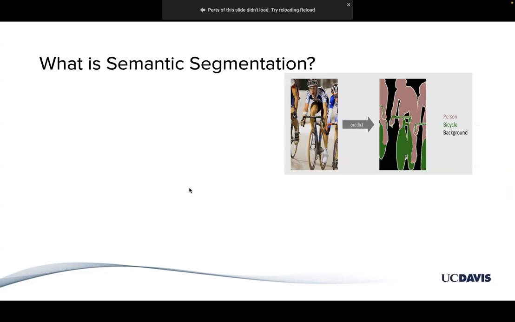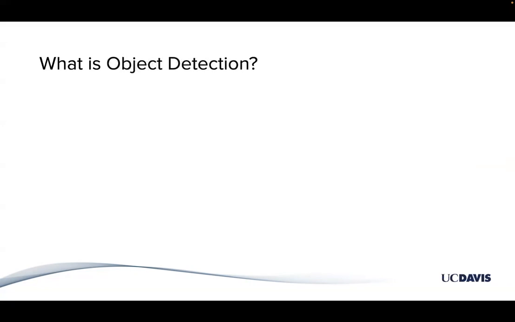I don't know why the images are not showing up, but we can say, for example, in a chest X-ray, we can differentiate pixels belonging to heart and pixels belonging to lungs and clavicles, etc., into various segments. So this is about semantic segmentation, and let's take a look at object detection next.